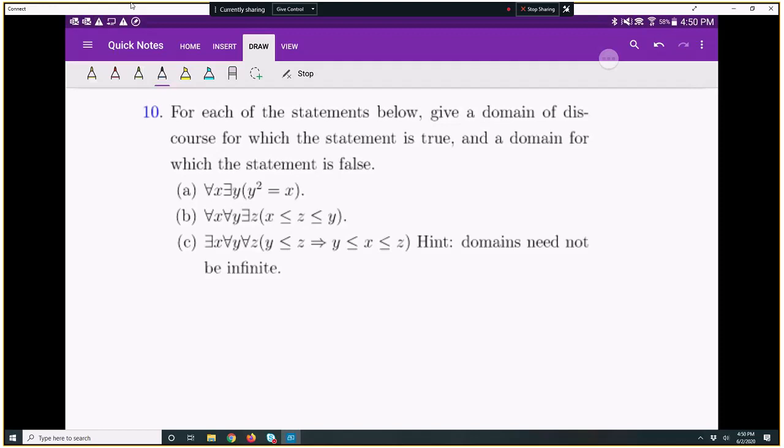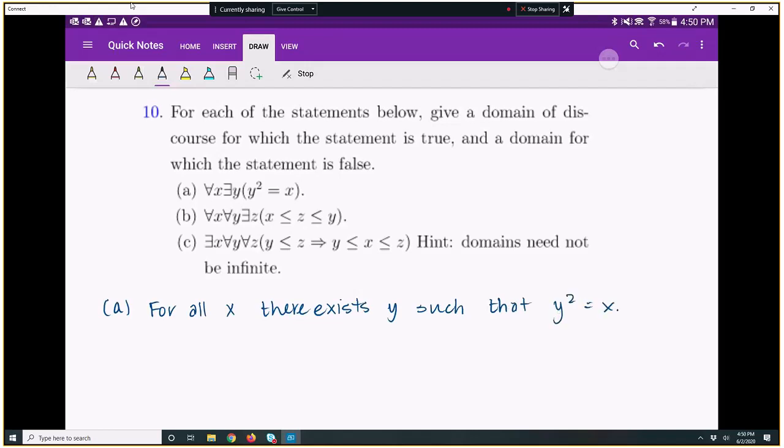For this last exercise, we're asked for each of the statements below, give a domain of discourse for which the statement is true, and a domain for which the statement is false. So the first statement is, for all x, there exists y such that y squared is equal to x.